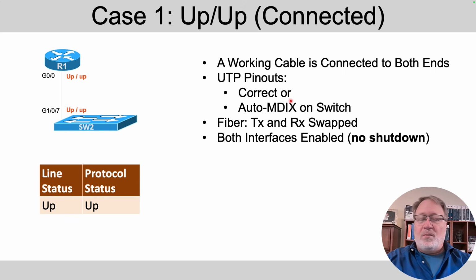The pinouts are correct, or they're incorrect, and the switch has made up for the incorrect pinouts with auto MDIX. If it's fiber, we've got the correct swapping of transmit to receive on each fiber. And both interfaces are enabled. That is, neither end has a shutdown command on it. So that's the good case. That's where we want to be.